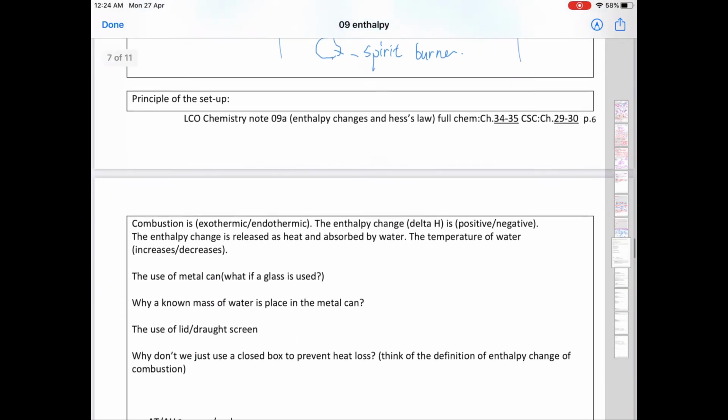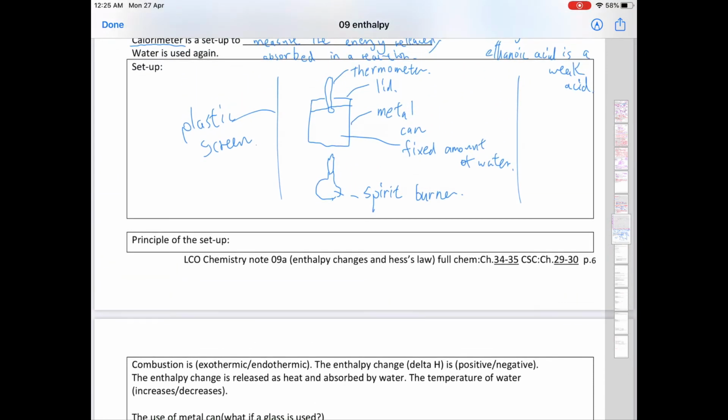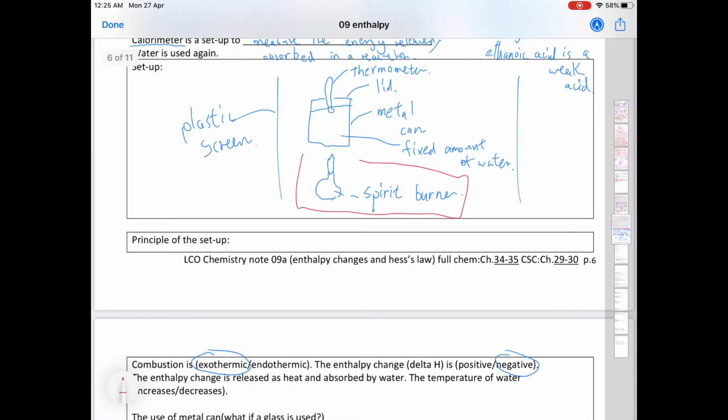The idea I told you already is that because combustion is an exothermic process and delta H is negative, if the fuel is burnt in this spirit burner, it will generate some heat. And where will that heat go? It cannot be created nor destroyed, so it must be transmitted into another form or transferred from place to place.